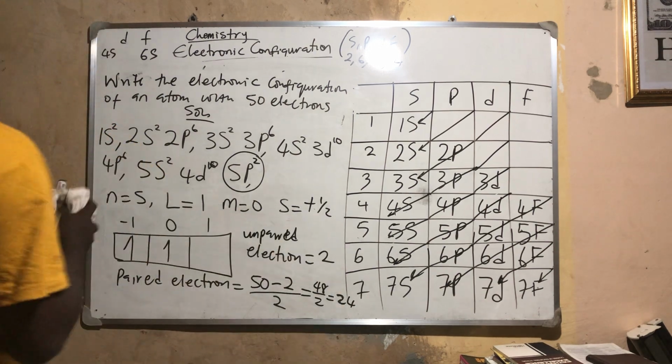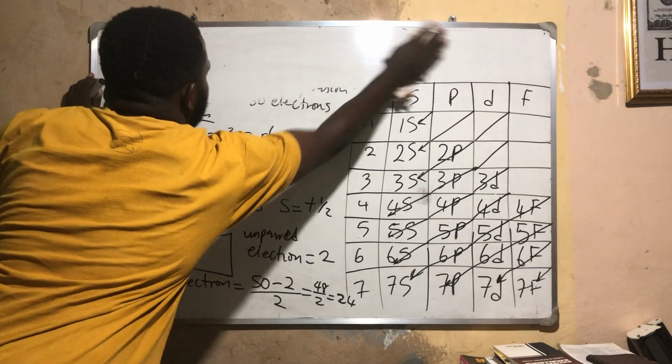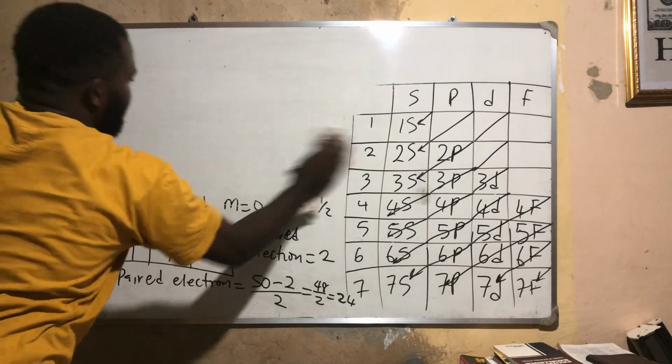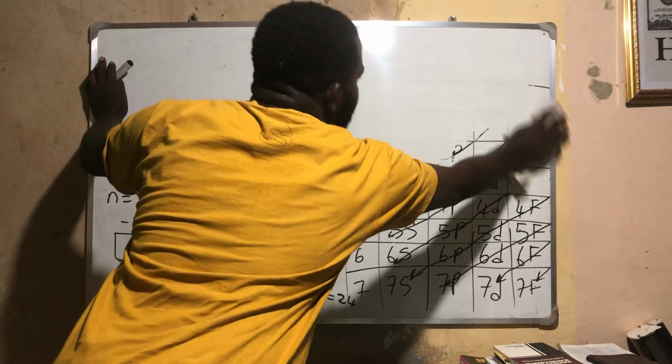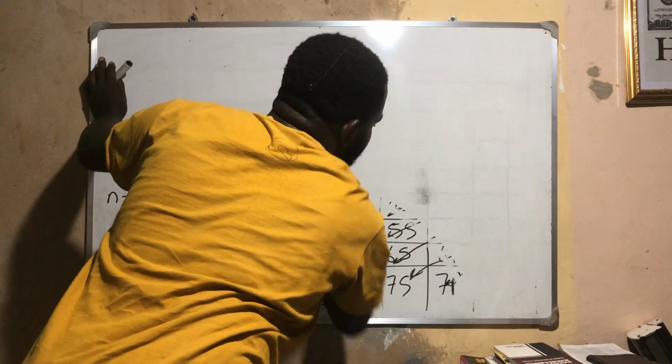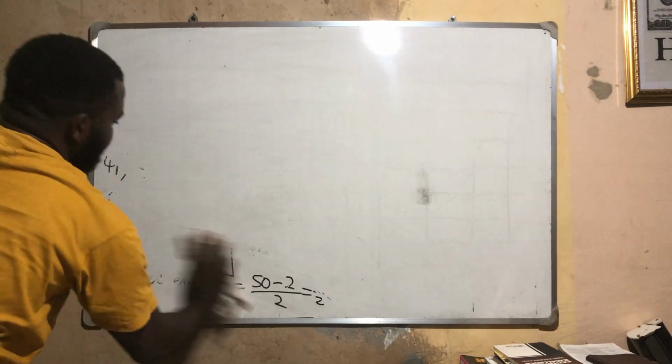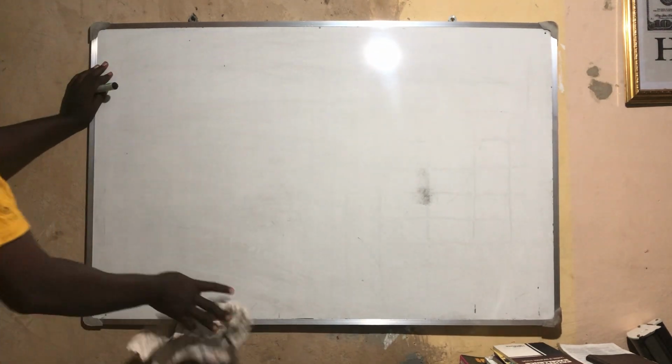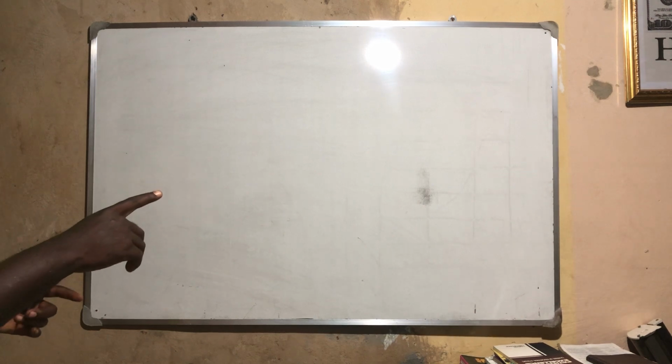Okay, let me clean this. So we don't even need this table to write the electronic configuration of any atom. Just know where D will come in, where P will come in, and where F will come in.